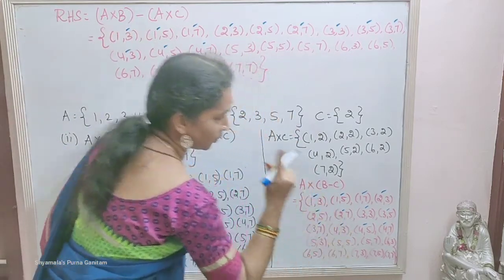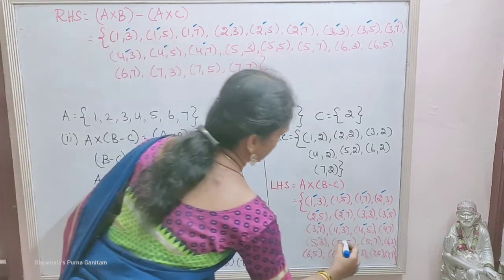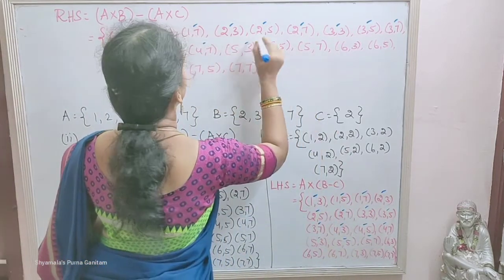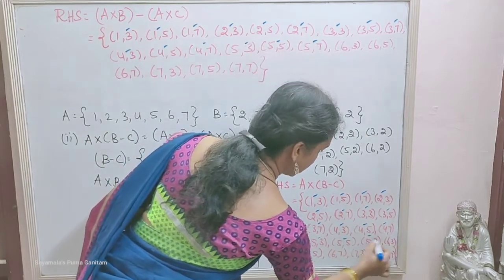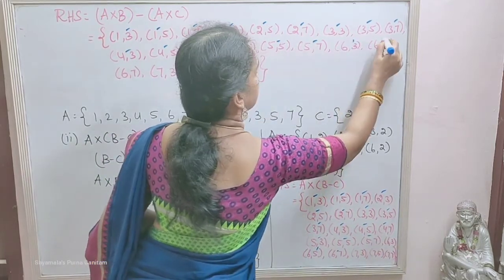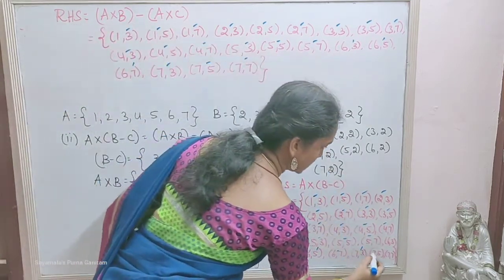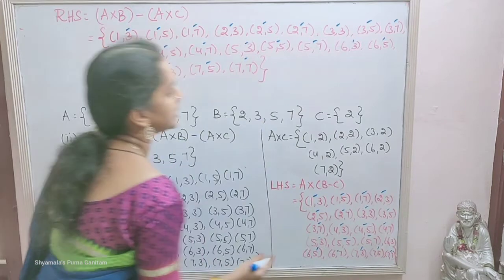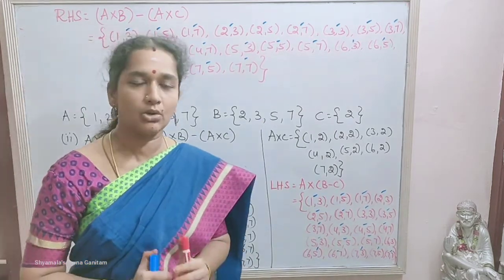Then 5, 3; 5, 5; 5, 7. Then 6, 3; 6, 5; 6, 7. 7, 3; 7, 5 and 7, 7. If even one element is missing, we cannot say that LHS is equal to RHS, so we need to check. All the elements are there, so we have checked that LHS is equal to RHS.